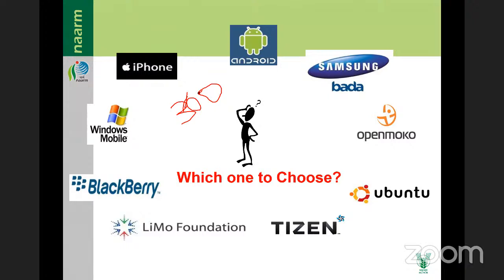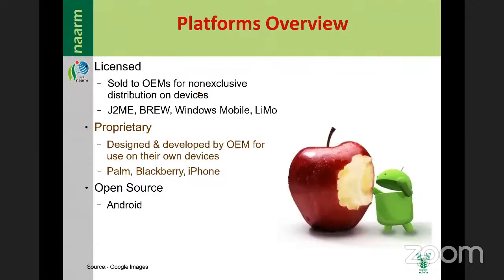So different types of apps are there. You can select any one. Licenses are sold to OEMs, or licensed for non-exclusive distribution on devices: J2ME, Java, Brew, Windows Mobile, Limo. These are the licensed software.